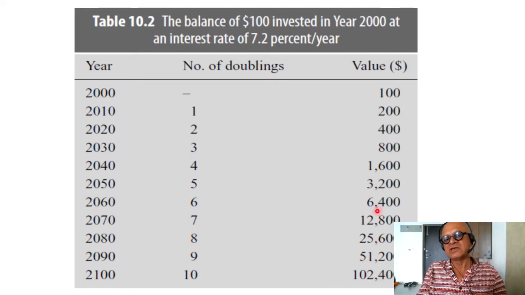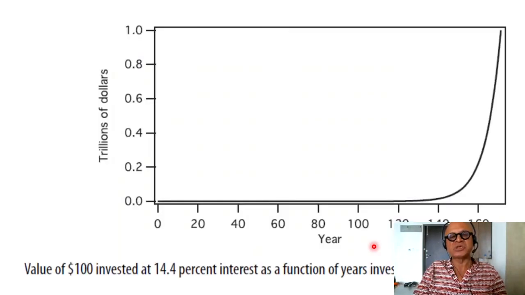So you can see the loading towards the end in these exponential growths, which looks like this. So a value of $100 invested at 14.4%, where the doubling is now 5 years, is going to be growing this way.